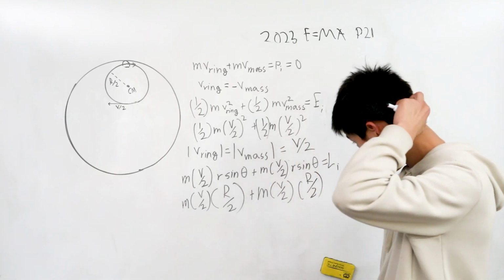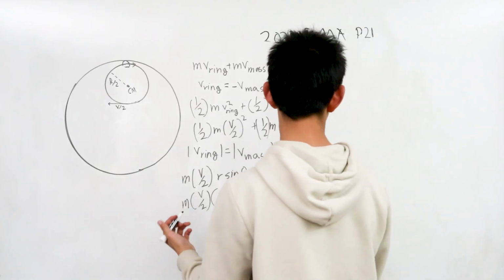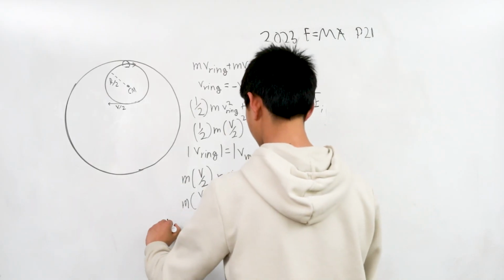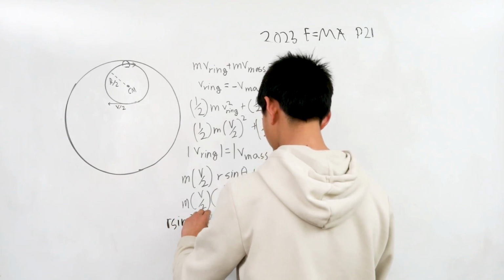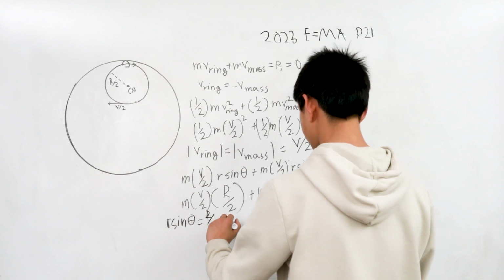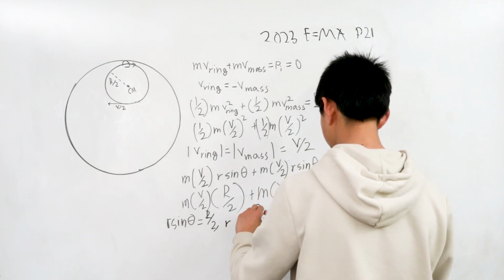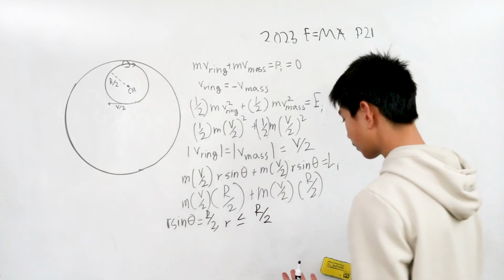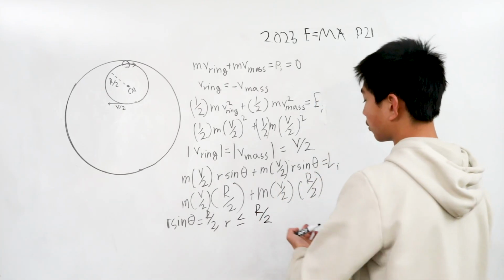So now, we know from this that r sine theta is equal to r over 2. So therefore, from this logic, our smaller r has to be less than or equal to the big R over 2, because there's more of a time frame going on.